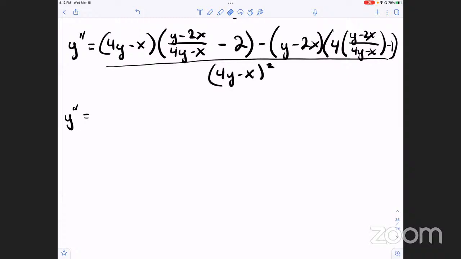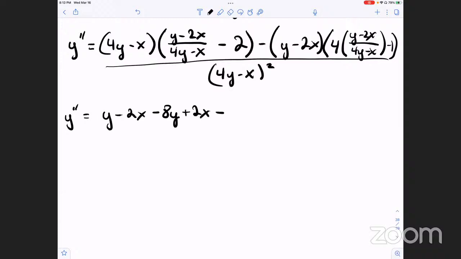Now, if I distribute that on top, it looks like we get a 4y minus x squared, because there's 1 there. No, wait a minute. Maybe that won't help us. Let me go back to where we were. Hang on.